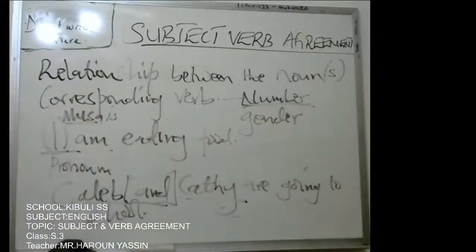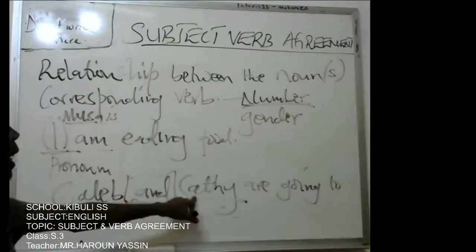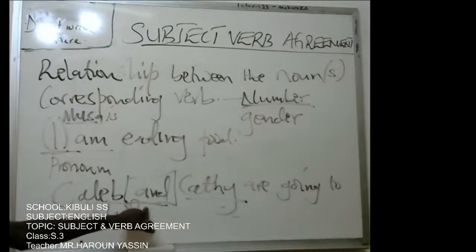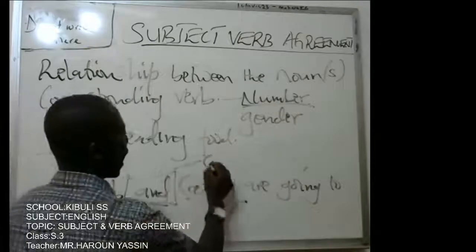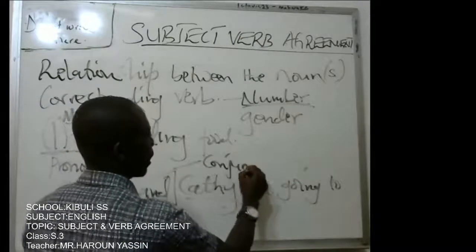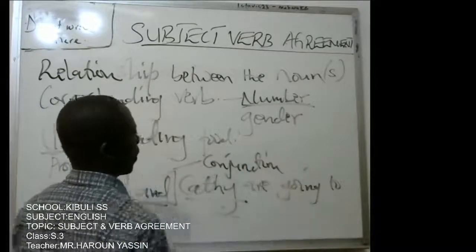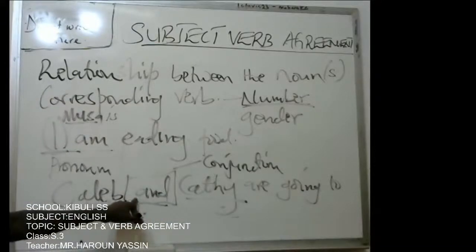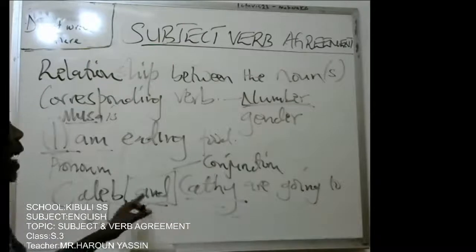Why is it simple? We have Caleb and Kathy being brought together by the conjunction and. And is a conjunction in this case, combining two nouns, Caleb and Kathy.